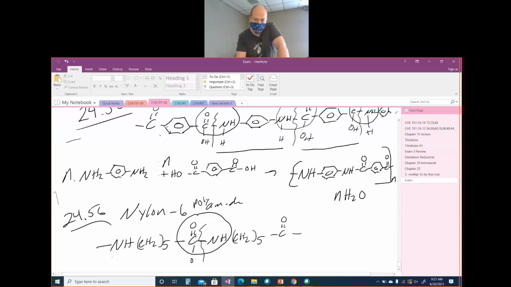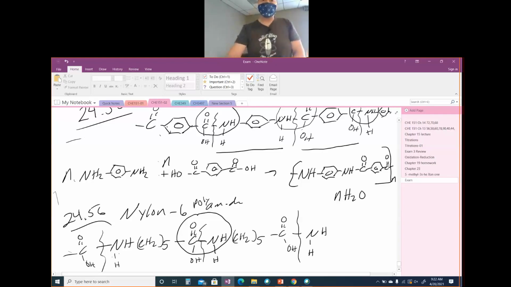The carbonyl will get the OH, and the N will get the H. All right, and you see that this would have been another amide here. You would have another NH here. And so you're going to hydrolyze that. This would get the OH, and this would get the H. And this would have a carbonyl, and you would hydrolyze that, and this would get the OH, and this would get the H. And what you see is the same molecule.